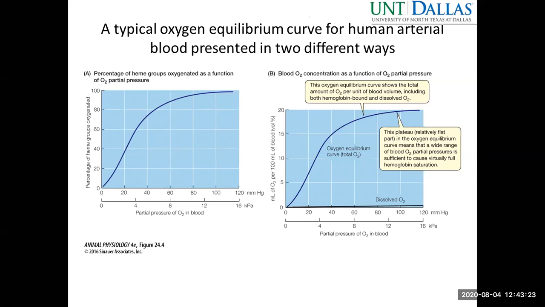The oxygen equilibrium curve, also sometimes called the oxygen dissociation curve, shows the functional relation between the percentage of binding sites that are oxygenated and the partial pressure of oxygen in the blood. A respiratory pigment in the blood of an animal is said to be saturated if the oxygen partial pressure is high enough for all oxygen binding sites to be oxygenated.